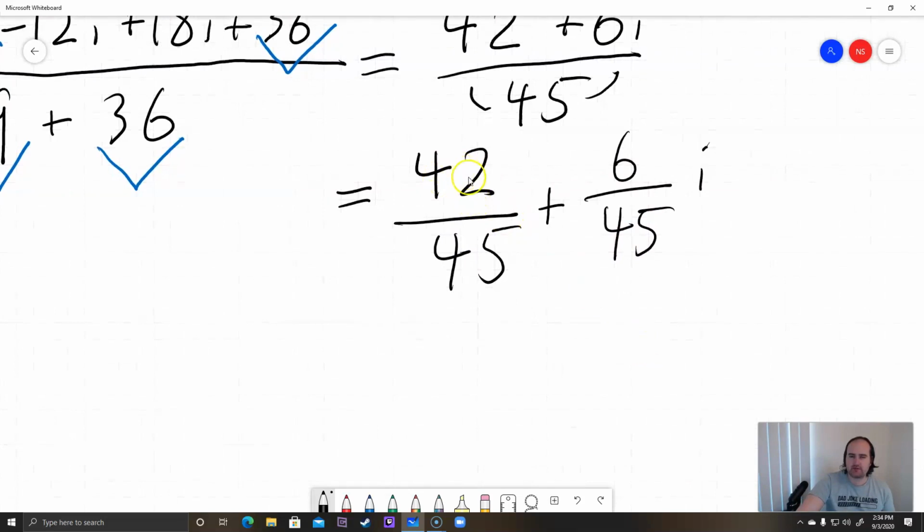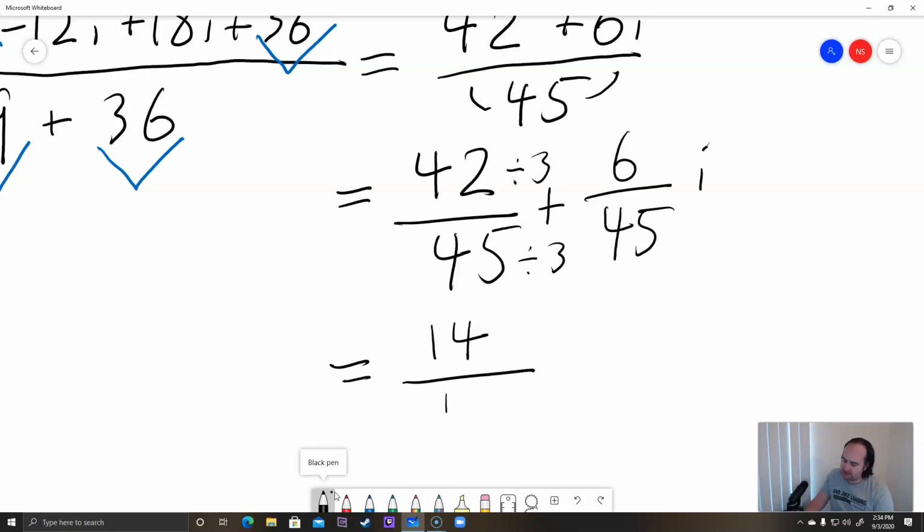For this first fraction, we can divide the top and the bottom by 3. 42 divided by 3 is 14, and 45 divided by 3 is 15. So we have 14 over 15.